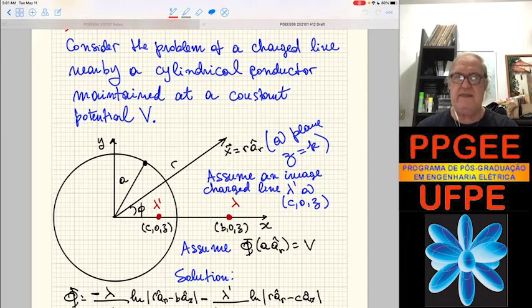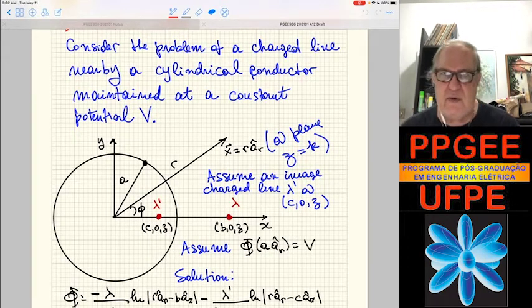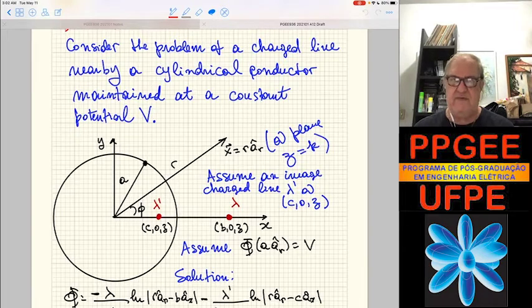This problem is instructive to determine the capacitance of coaxial lines, of any pair of coaxial cylindrical surfaces or parallel cylindrical surfaces, or one inside of the other at different positions of the center. You can calculate the capacitance of all of this just by solving this problem.